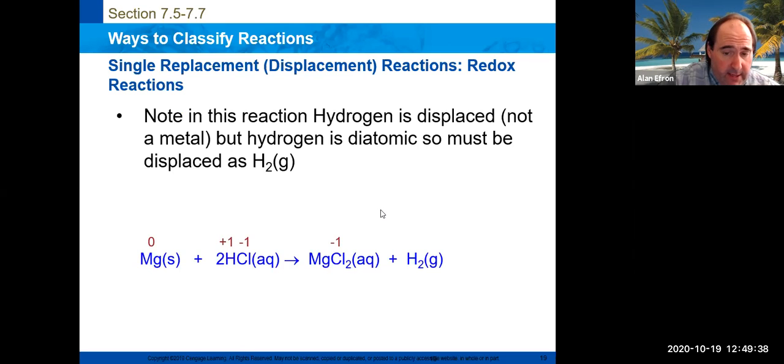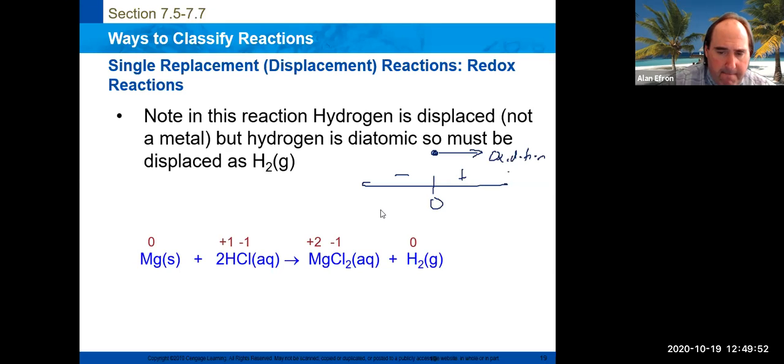And here as well, again, a redox reaction is happening. We could follow the same sort of approach. Magnesium starts at 0, ending at +2, going through oxidation. Hydrogen here starts at +1, ending at 0, going through reduction, which is our hydrogen.